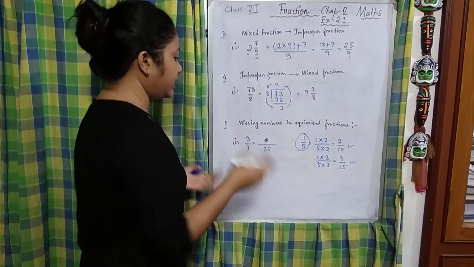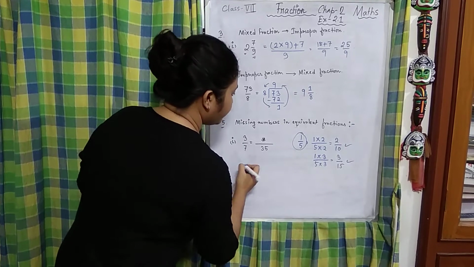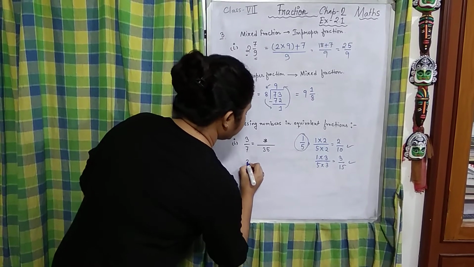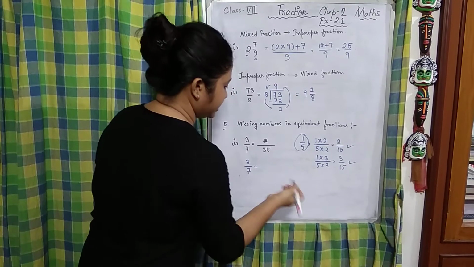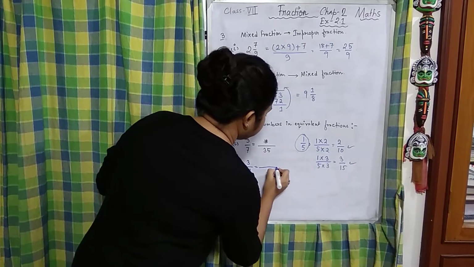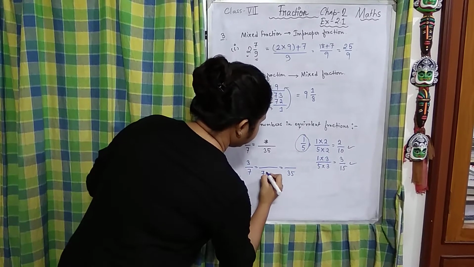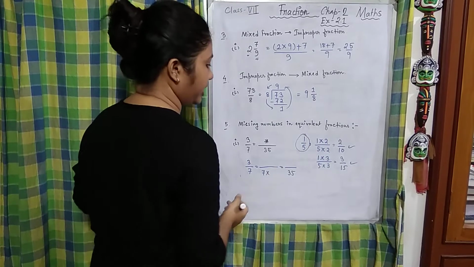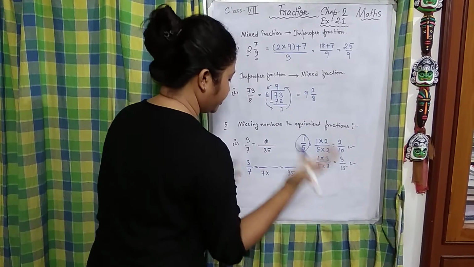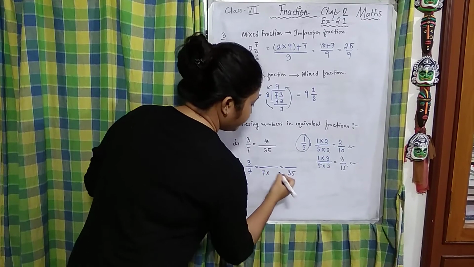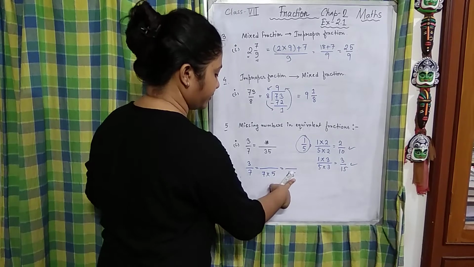So similarly, when we are going to find this kind of missing number, we have to find the equivalent fraction. So 3 by 7, if 35 is the denominator, we have to see how it becomes an equivalent fraction of 3 by 7. So 7 5s are 35, right? 7 into 5 gives 35.